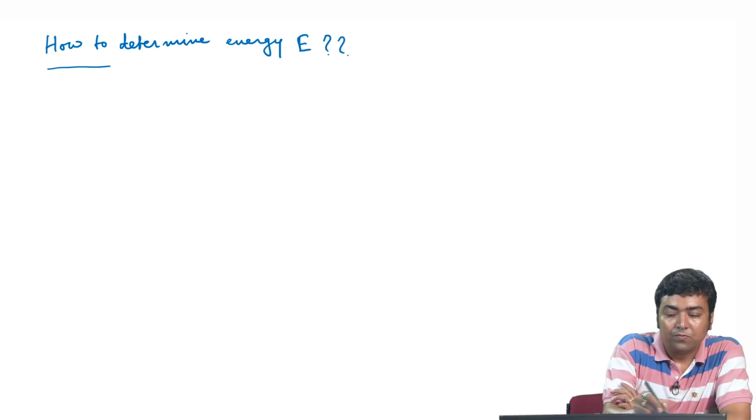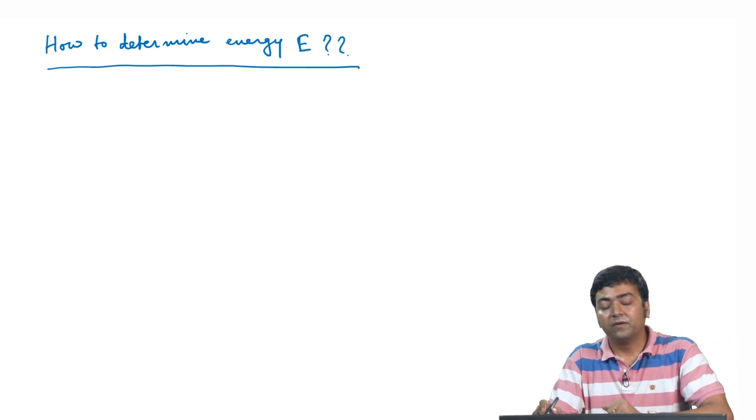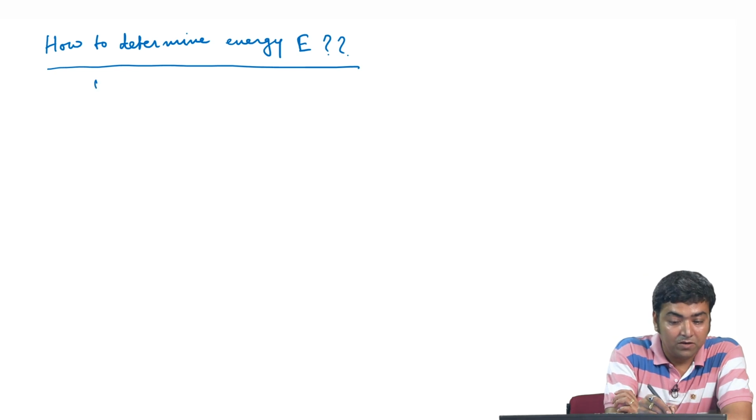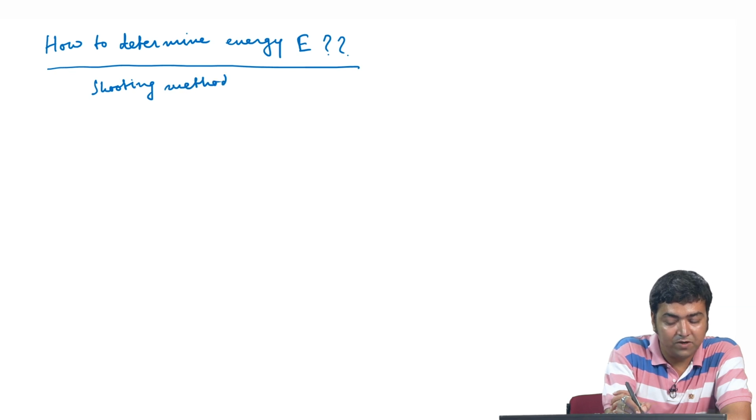The first question which we try to answer now is how to determine energy. This is done by using something called the shooting method. I will explain what it is.